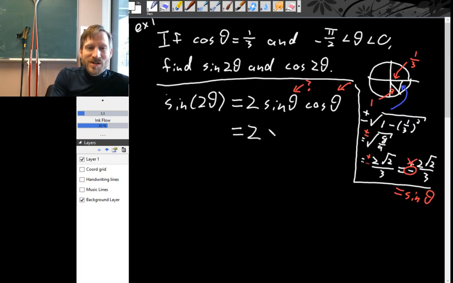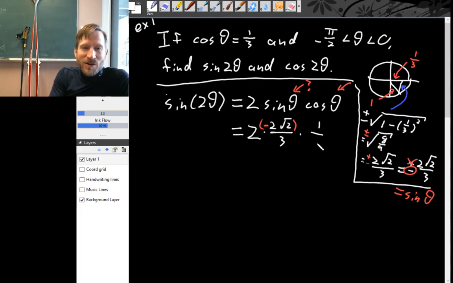We get 2 times sine of theta, which we now know is 2 root 2 over 3, along with that minus sign that I keep trying to forget, times cosine of theta, that's a third. And so altogether we have negative 4 root 2 over 9, it looks like. All right, so there's sine of 2 theta.